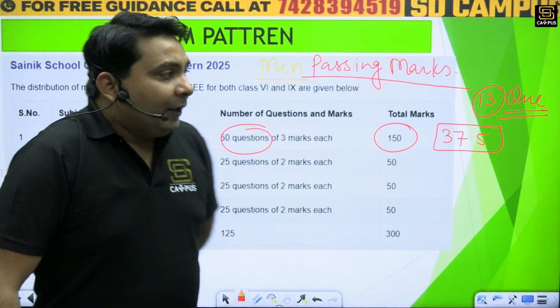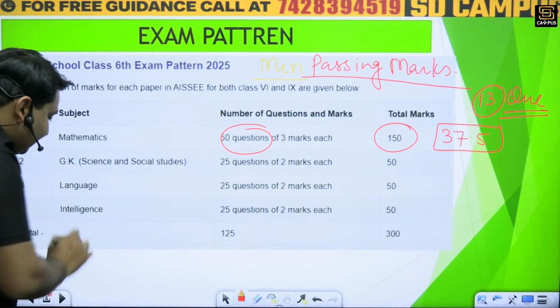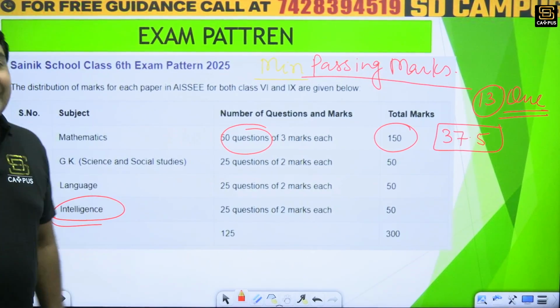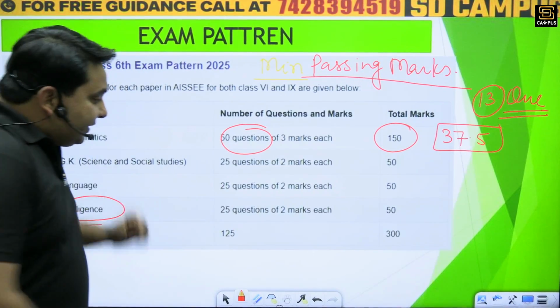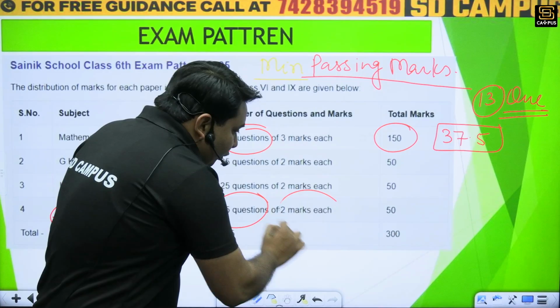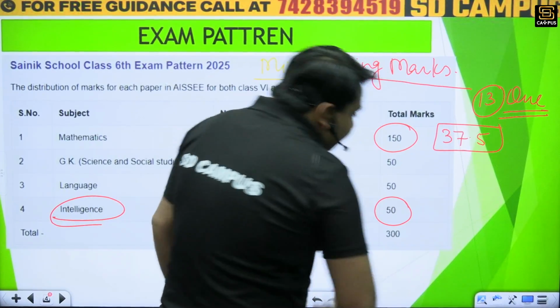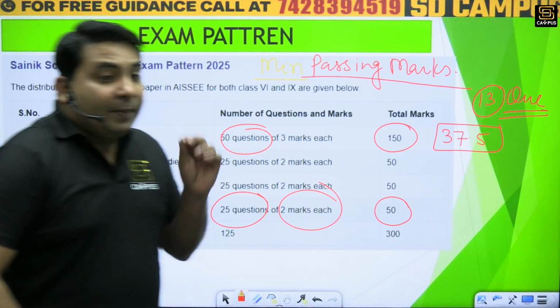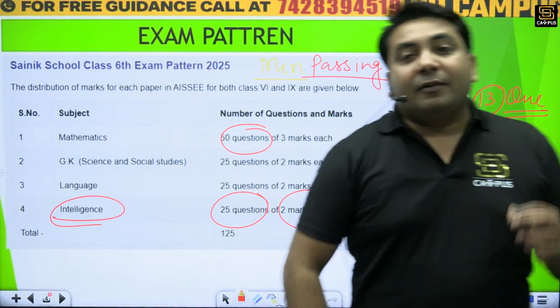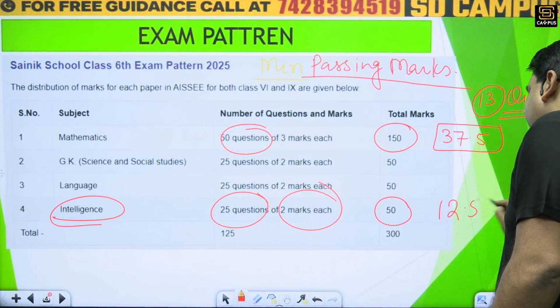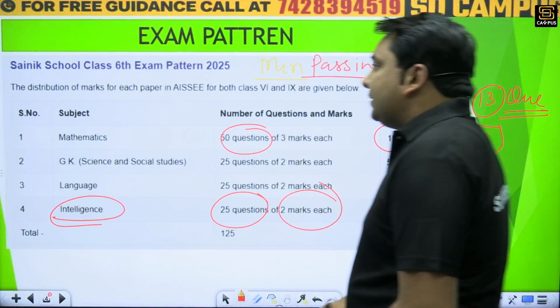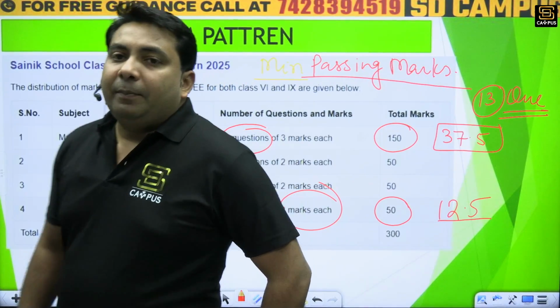Now in the part of reasoning, I'm talking about maths and reasoning. Reasoning has 25 questions of 2 marks each, and the total marks is 50. So what is the minimum passing marks of reasoning? The minimum passing marks of reasoning is 12.5.